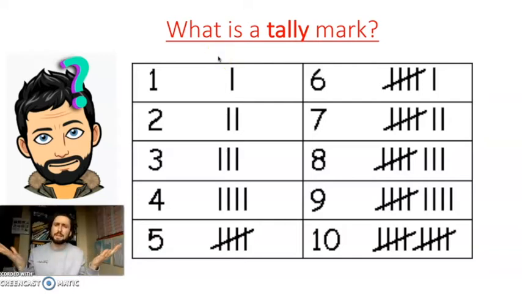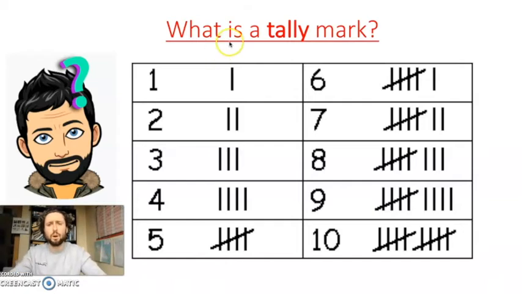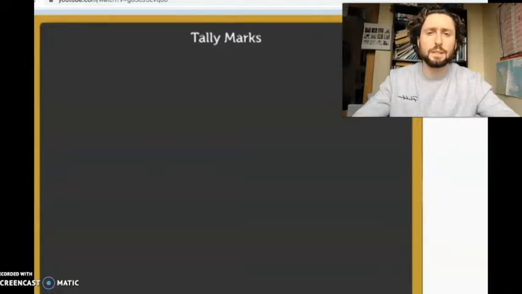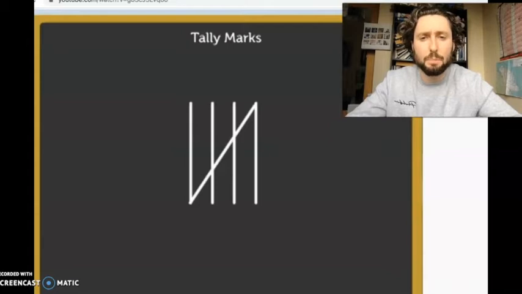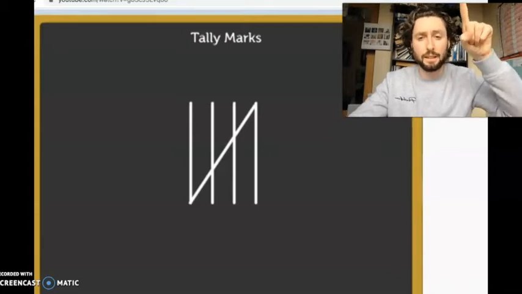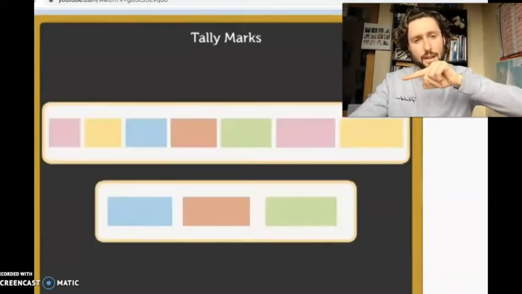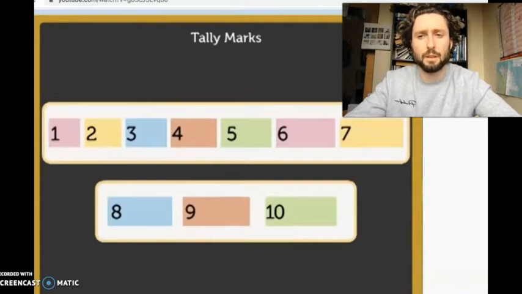So, what is a tally mark? What do you think a tally mark is? Well, these are tally marks. Okay, so let's look at tally marks. So tally marks are represented using standing straight lines and diagonal lines.